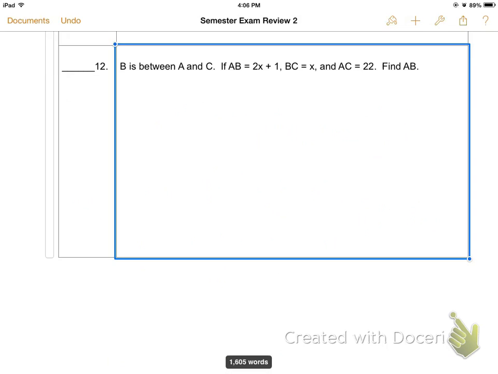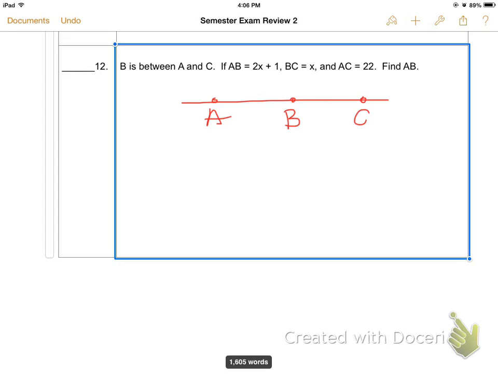Okay, number 12. B is between A and C. If AB is 2x plus 1, BC equals x, and AC equals 22, find AB. So the first thing I want to do here is draw a picture. So B is between A and C, I have AC right here, and B is in between them.